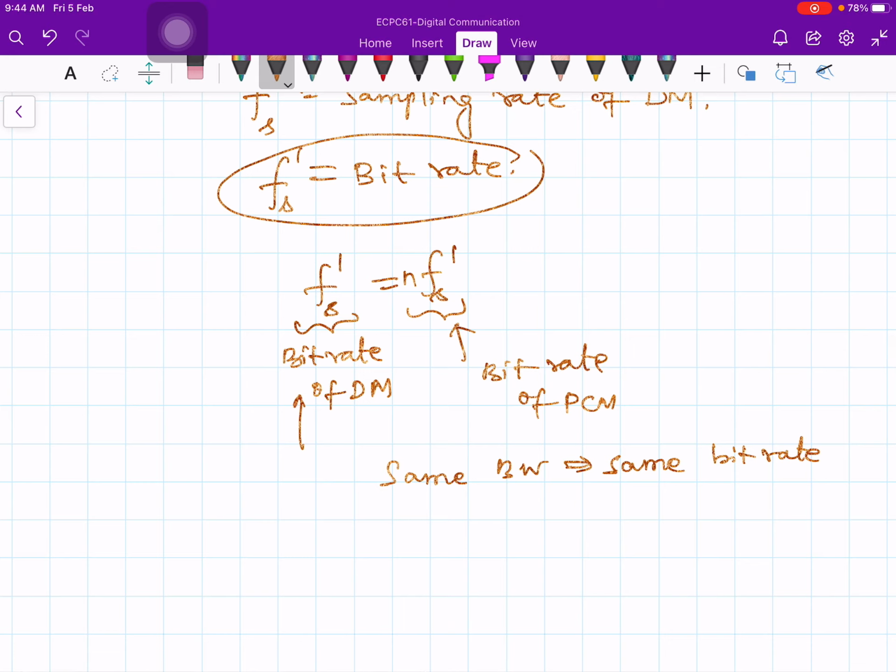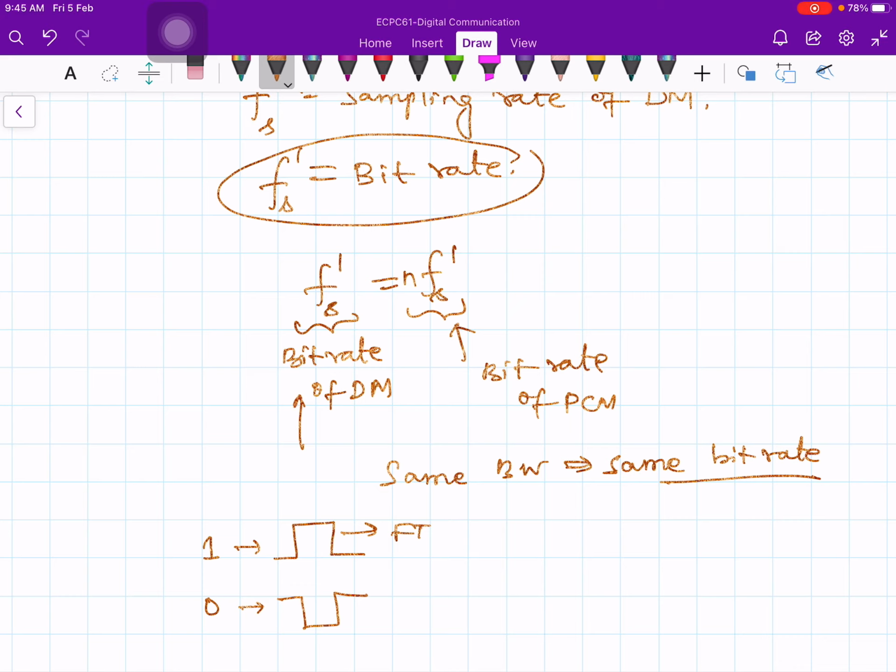Suppose if you want to send 1, you can represent a pulse like this. If you want a 0, then you can represent 0 like this, and this pulse is associated with a certain amount of bandwidth. If you take the Fourier transform, then you will come to know the bandwidth of these pulses. So when I say same bandwidth, same bit rate, that means identical bit rates, or at least similar bandwidth.